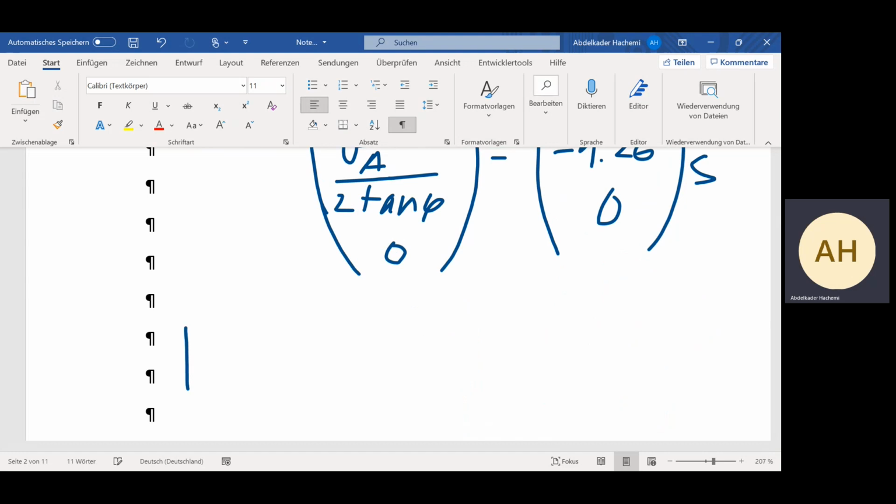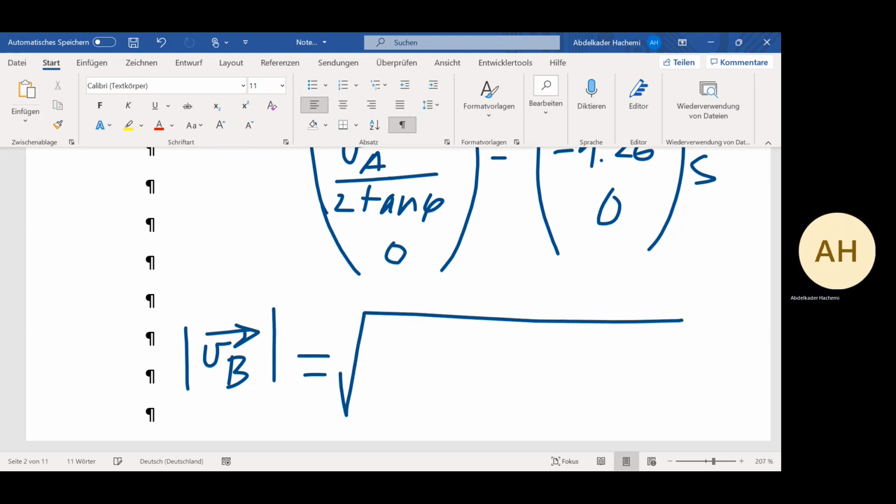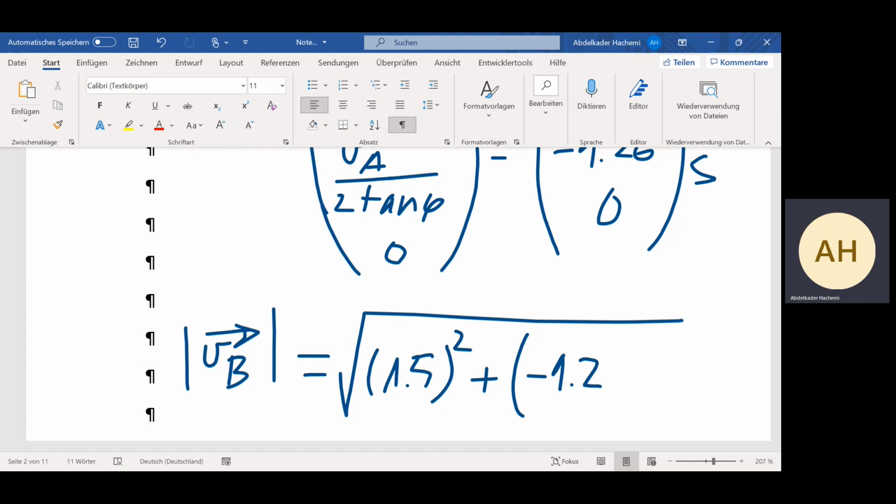Now VB as magnitude, it's only square root of 1.5 square plus minus 1.26 square, meter per second.